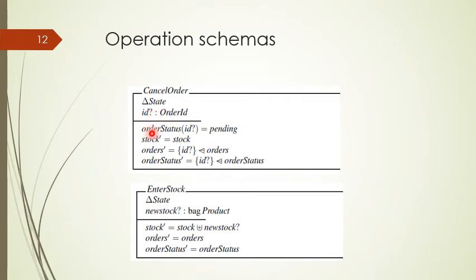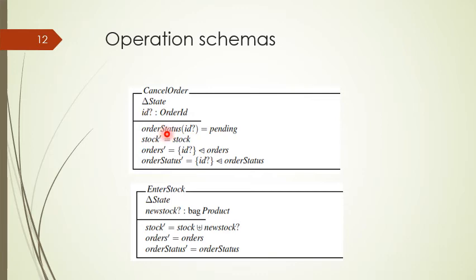And for the system state variable, because system state variable order status is a partial function, passing id as a parameter, it would return its status.